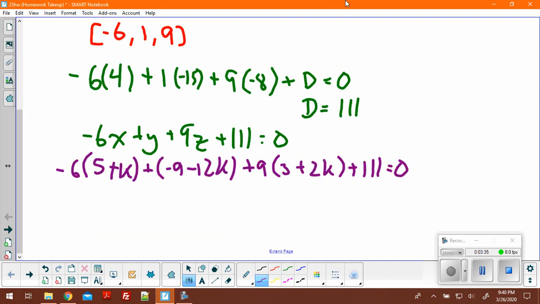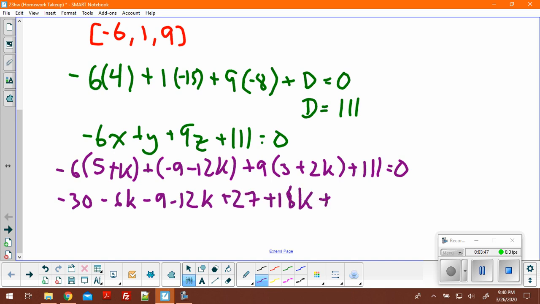Okay, so let's see what happens. -30 minus 6k minus 9 minus 12k plus 27 plus 18k plus 111 is equal to 0. First looking at my k terms, I have -6, -12, and plus 18. So that gives me 0k.